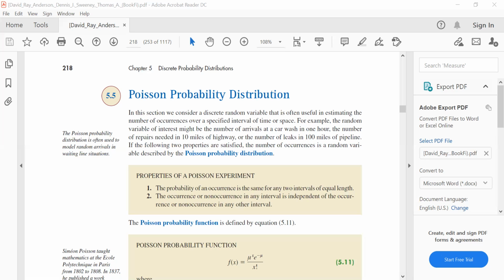Now in this case, the interval is a volume interval, that means the 100 items.